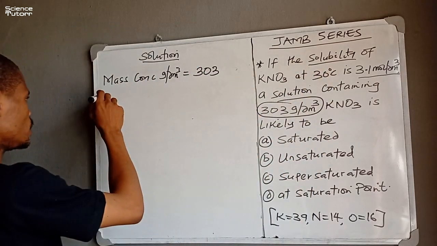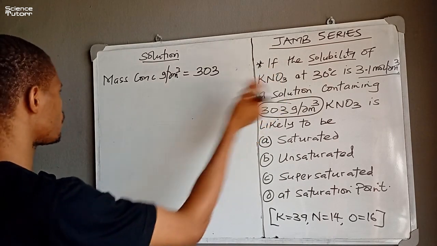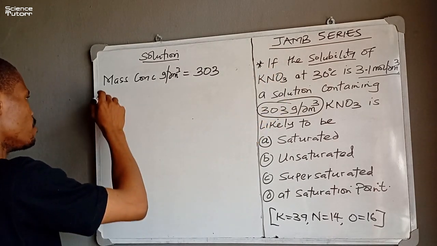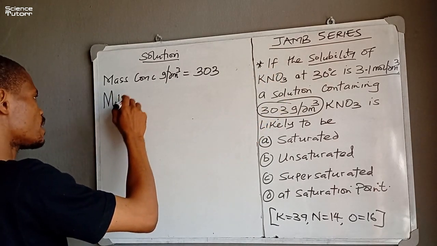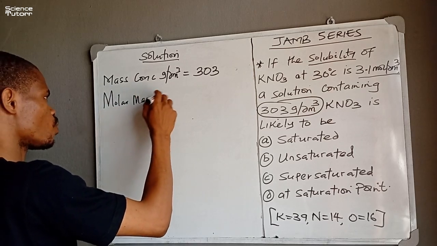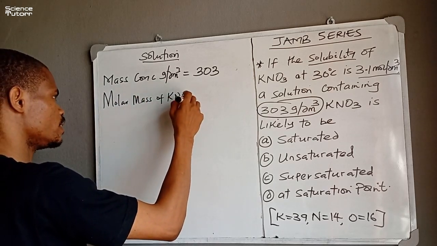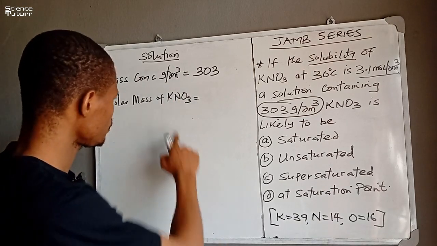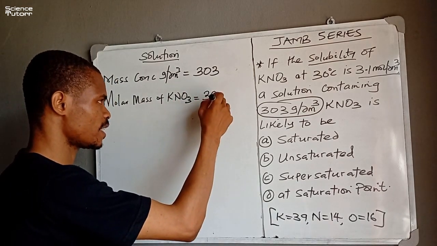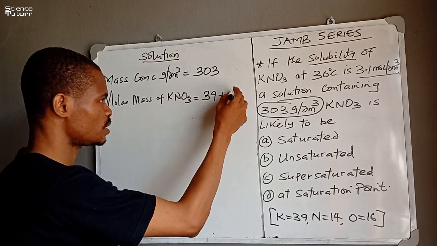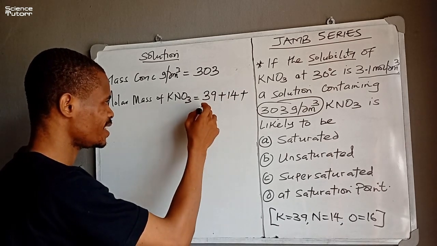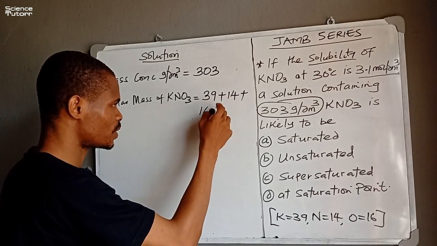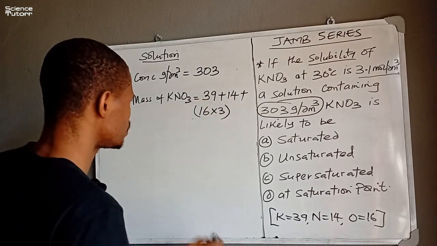The compound is potassium trioxonitrate 5, of which we can find the molar mass. So the molar mass of KNO3 ought to be found. K is 39, nitrogen is 14, and oxygen is 16, and we have 3 of it, which makes 16 times 3.